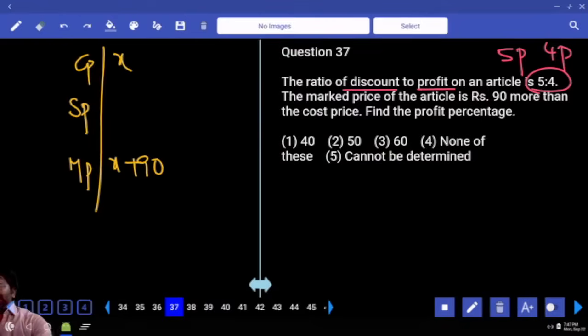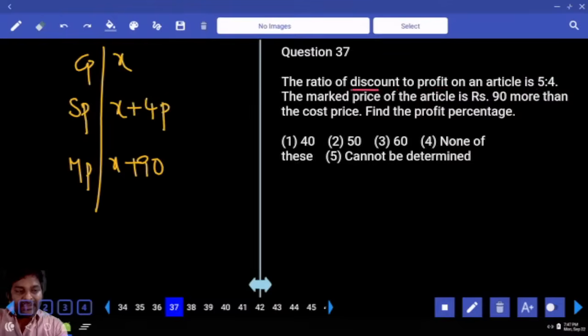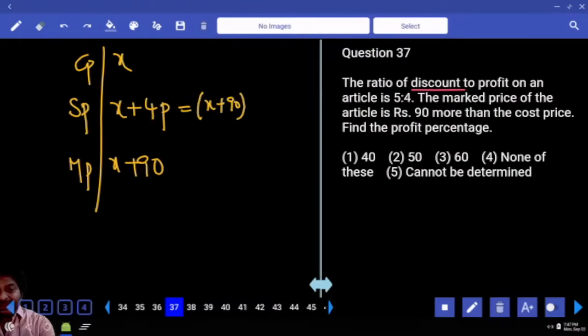When the profit is equal to 4 parts, selling price will be X plus 4 parts. Got it? And at the same time, when the discount is equal to 5 parts, selling price will be market price minus discount, which is equal to market price minus 5 parts.